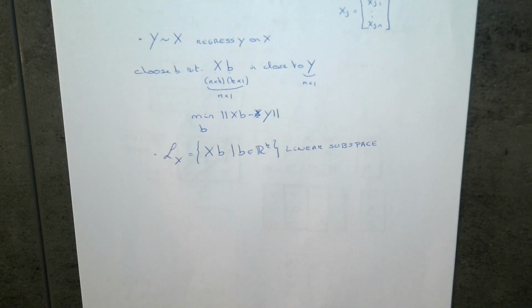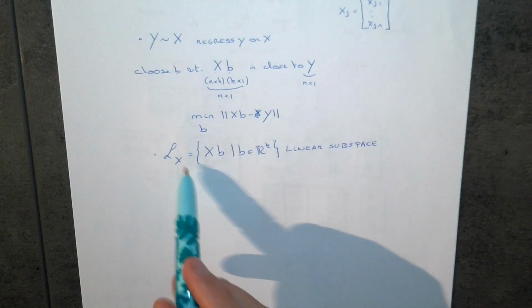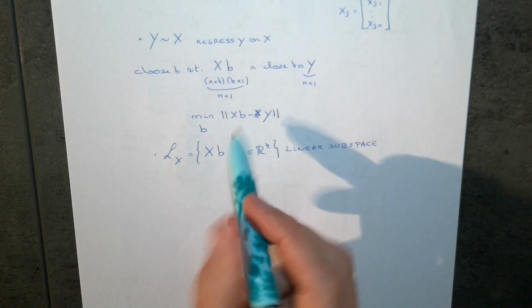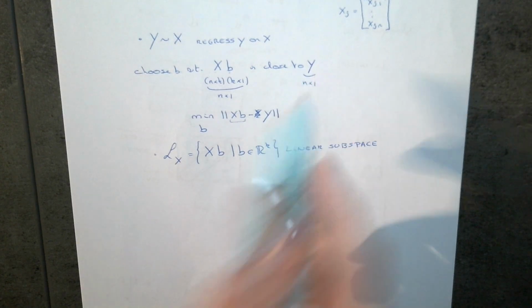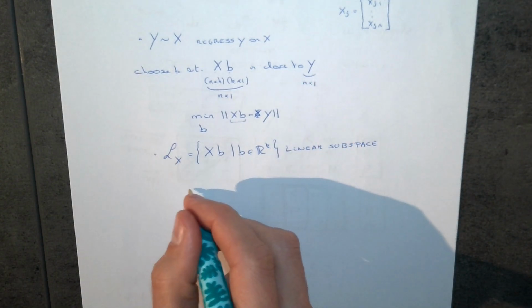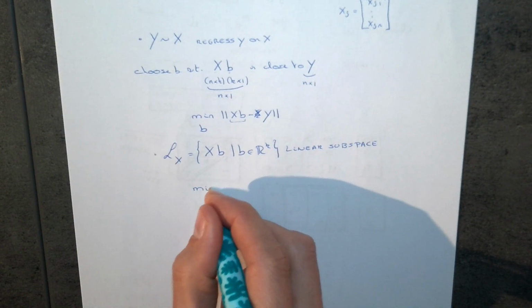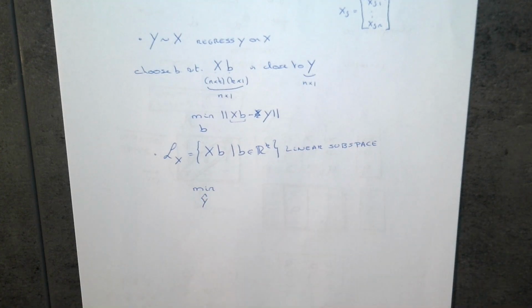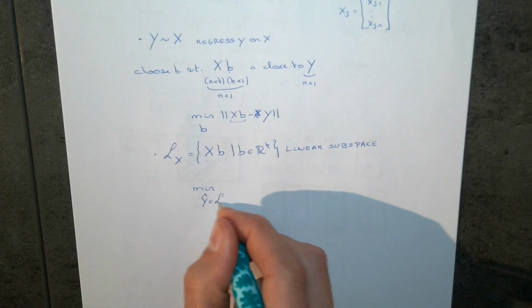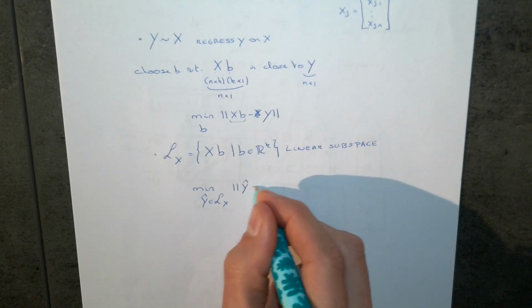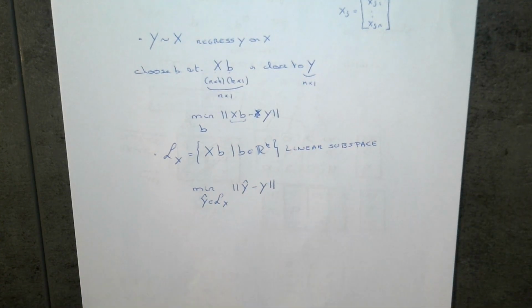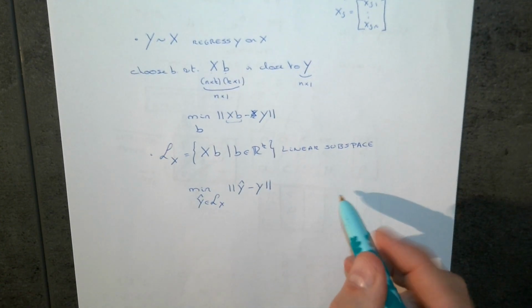Okay, so this is a linear subspace, and what we want to do is find the element in this linear subspace, xb, that is as close as possible to this vector y. So basically the problem is the same as finding a y hat in this linear subspace such that the distance between y hat and y is as small as possible. And we know how to do this.